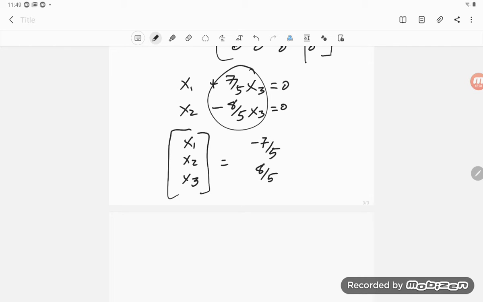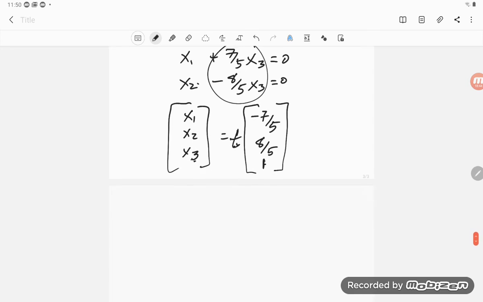And what I'm going to do is, you see, I've got this dummy variable here. I'm going to put a 1 for the x3. And notice that whatever I let x3 be, say I let x3 be t, then this t times 1 gives me x3. This t times 8/5 gives me x2. And t times negative 7/5 gives me x1.